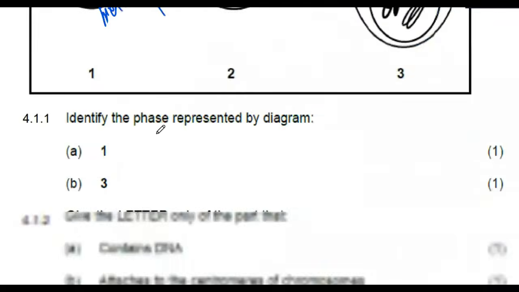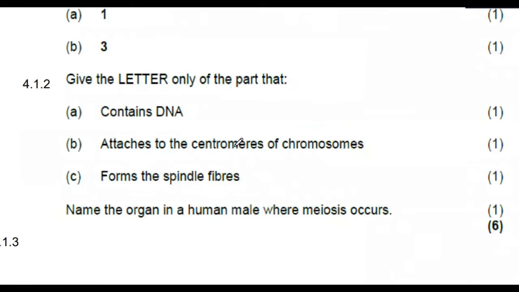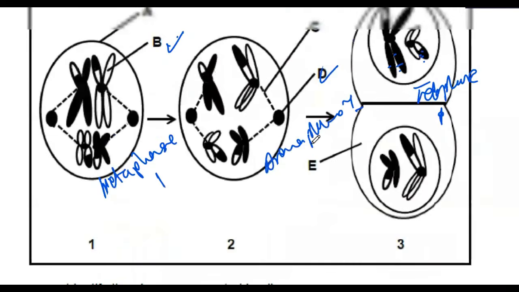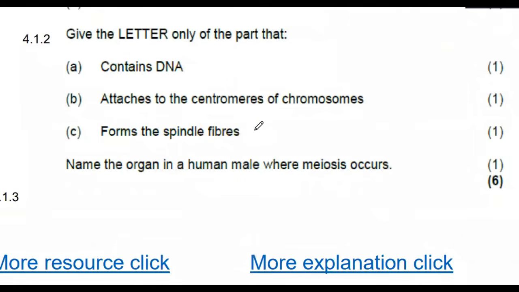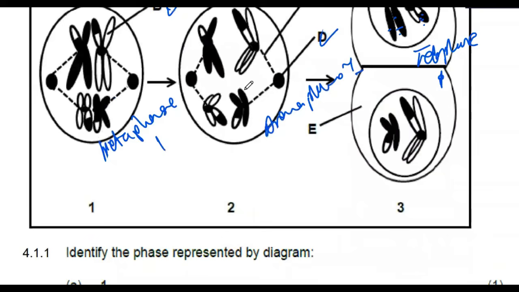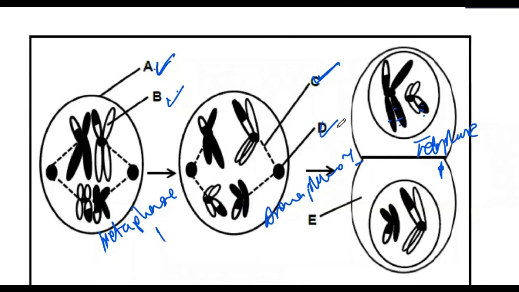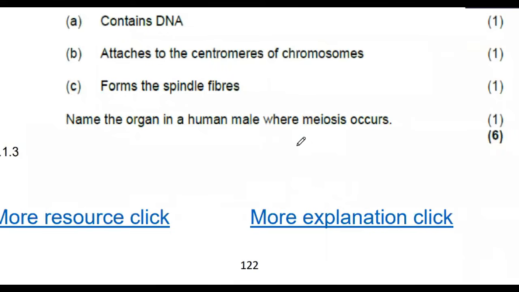It's only B, which is the chromatid. What attaches to the centromere of the chromosome is C. And then what forms the spindle fiber is the centrioles. Where is the centriole mentioned? It is D. You see, we are able to answer these questions.